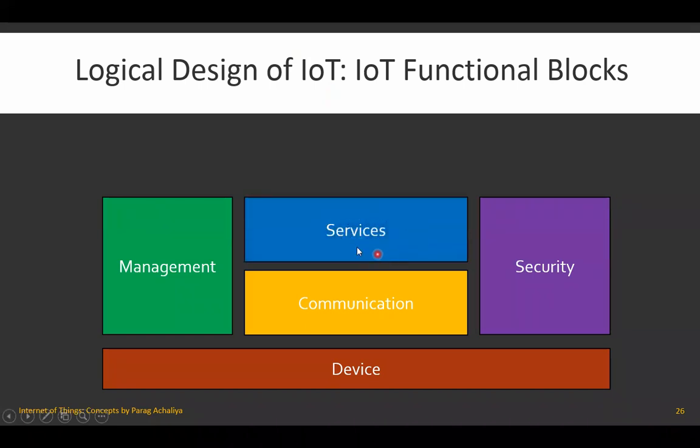Then there will be various services that can be used by the IoT application, to complete some functionality or some task for which that particular IoT system has been designed.